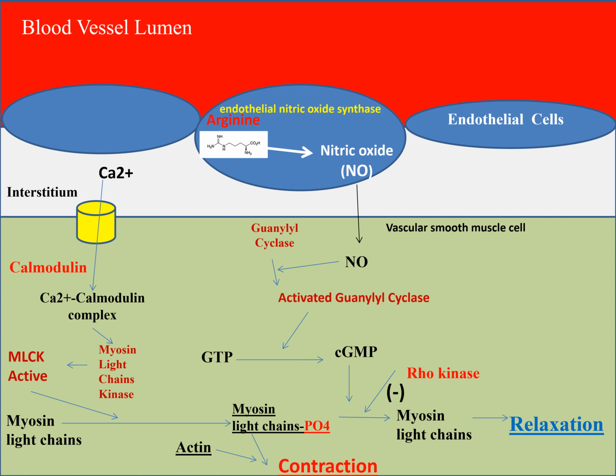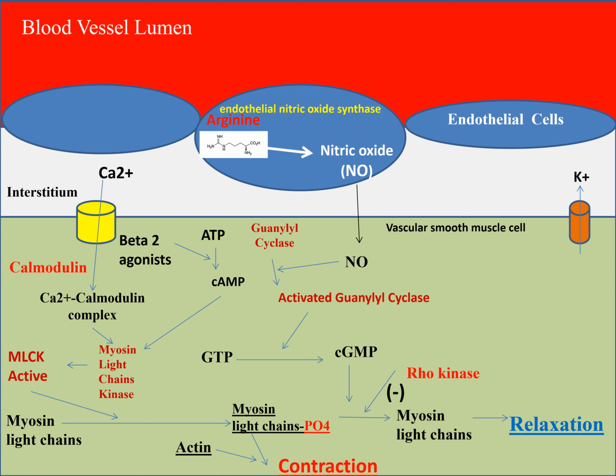In another explanation, or another mechanism, here I'm just drawing the potassium channels in the cell membrane. So we have beta-2 receptors in the cell membrane. By stimulating the beta-2 receptors with a specific agonist, we activate adenylate cyclase, which will convert adenosine triphosphate to cyclic AMP, cyclic adenosine monophosphate.